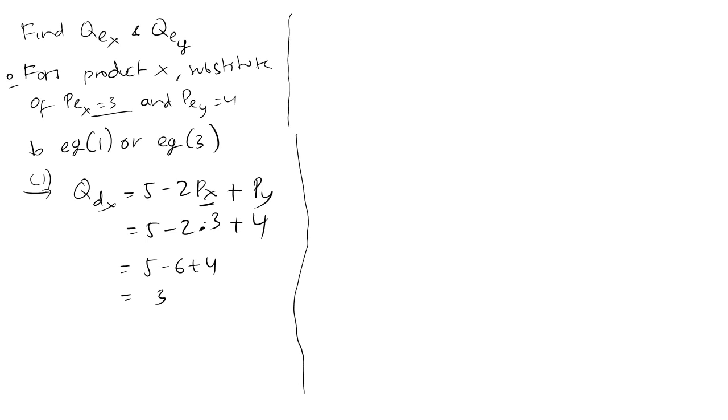So then next is for product Y. The same as to find the QEx, substitute PEx 3 and PEy 4 into the equation of product Y. And that is equation 2 and 4.